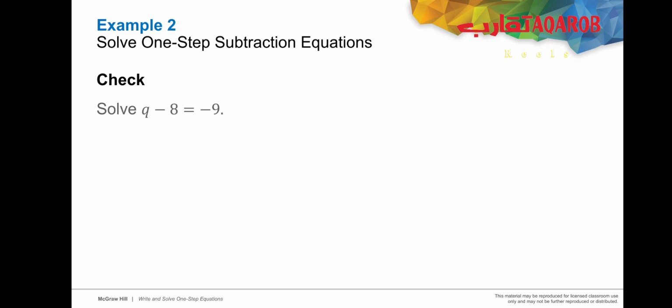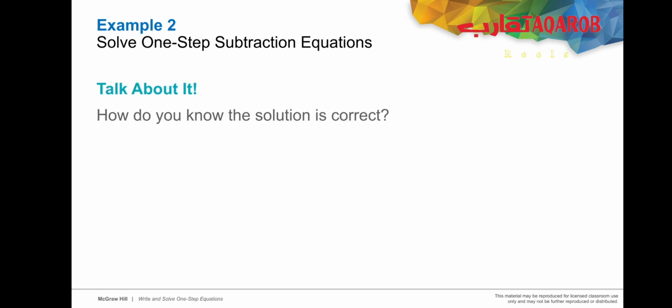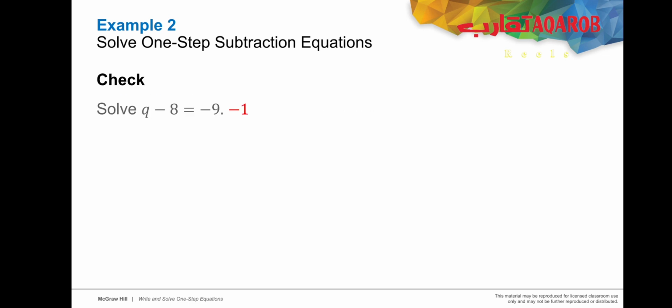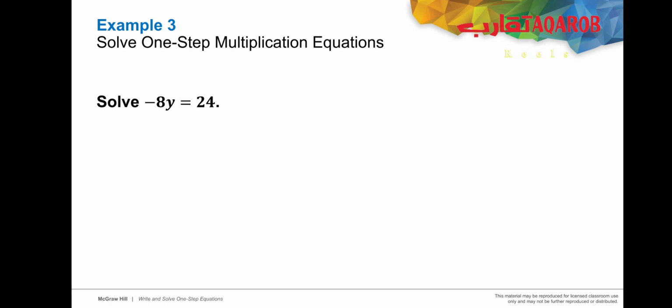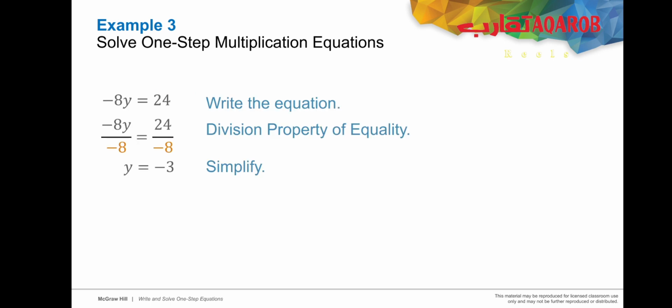negative 8 by negative 8. So let's go to the next slide. Let's divide negative 8 by negative 8, and as you can see here, negative 8 over negative 8 is equal to 1. What does the rule of division and multiplication of integers tell you?